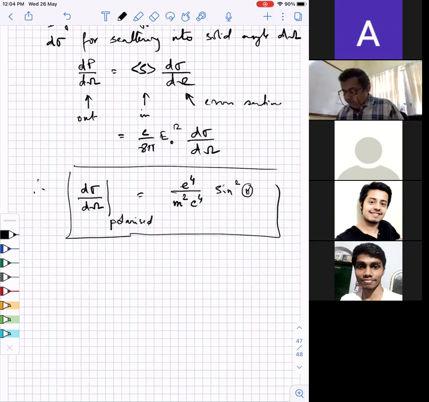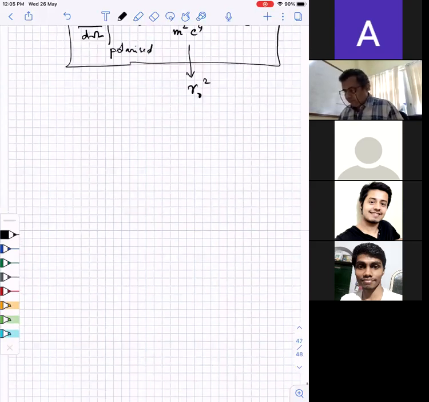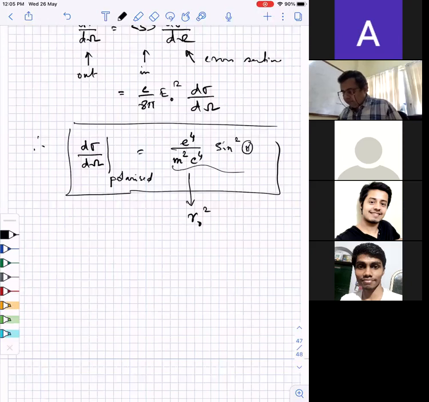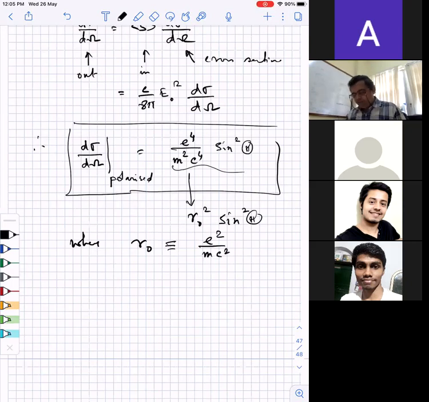Now, remember, although the electron is a point particle classically, over here I have in a sense come to a quantity which I can write down as r0 squared sin squared theta, where this r0 I define as e squared by mc squared.